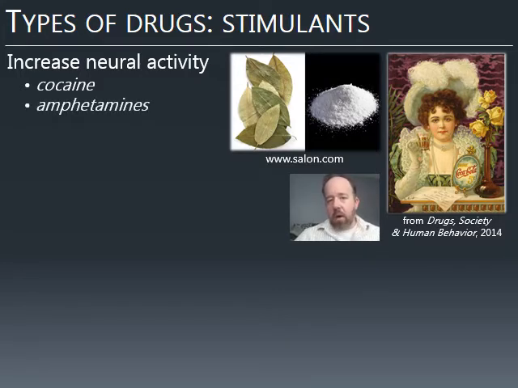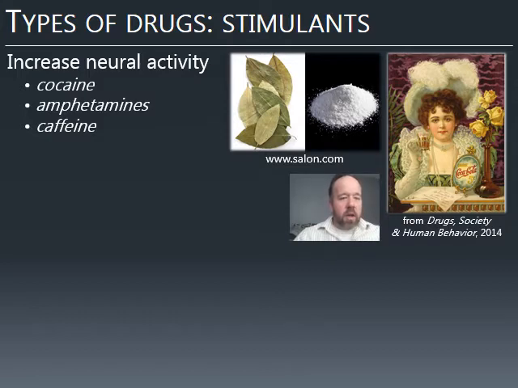Amphetamine refers to both an individual drug, a particular chemical, and a group of structurally related drugs. So the amphetamines are also stimulants, as is methamphetamine. Caffeine is another famous stimulant.